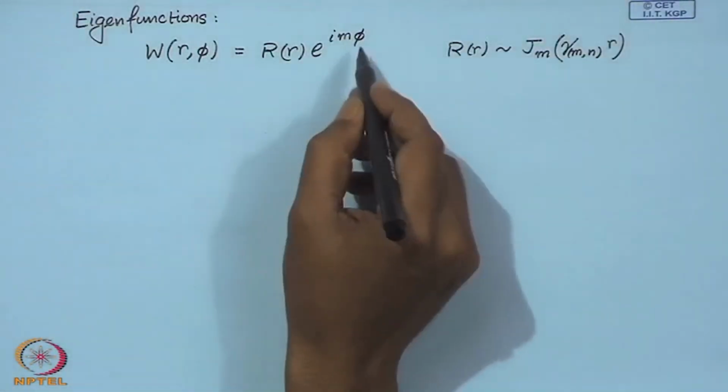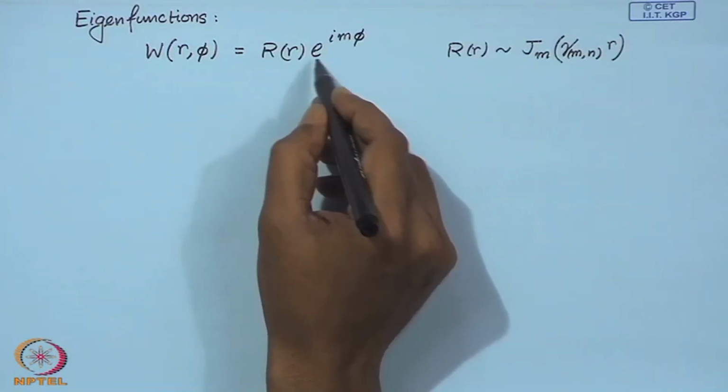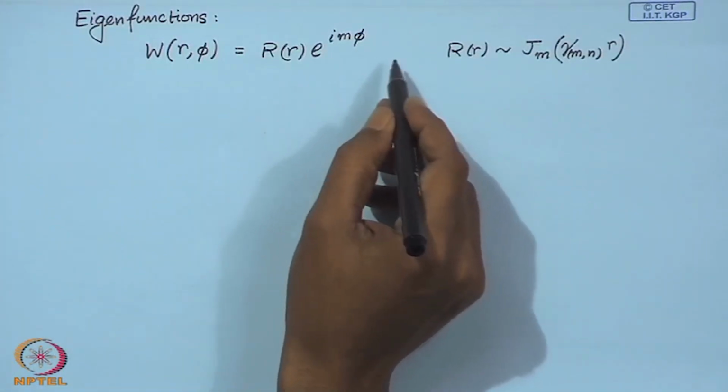Therefore, this complex function is cosine m phi plus i times sine m phi.